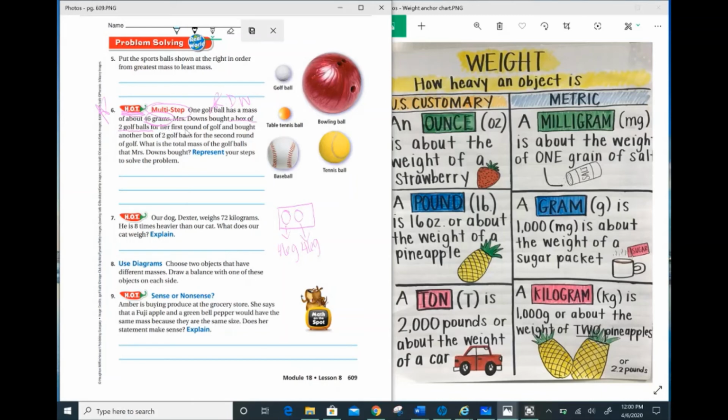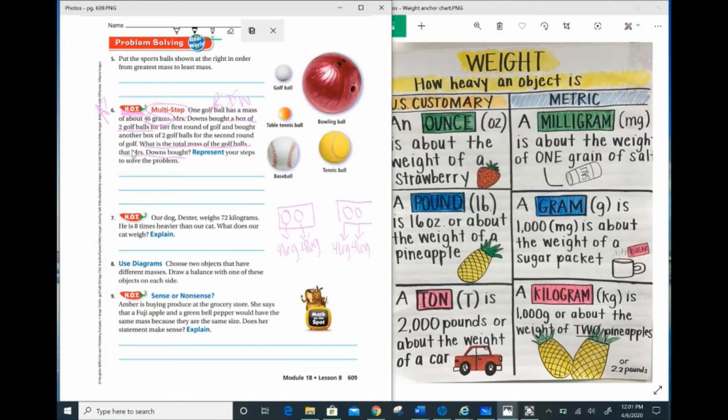Now, let's continue. And then she bought another box of 2 golf balls for the second round of golf. So I know she bought another one. That golf ball is 46 grams. This golf ball is 46 grams. Now let's look at our question carefully. What is the total mass of the golf balls that Mrs. Downs bought?